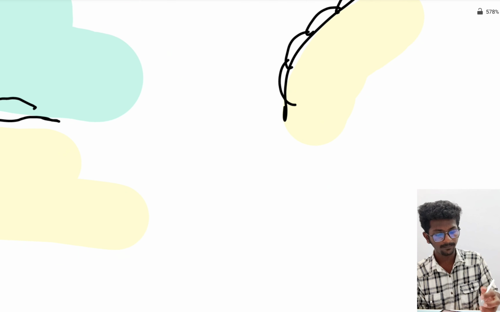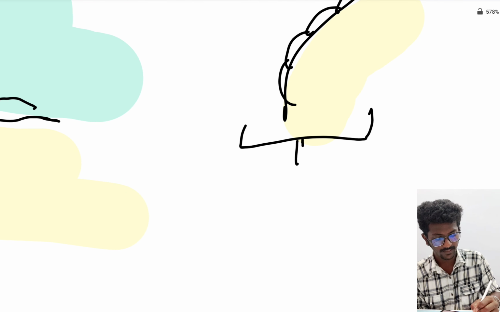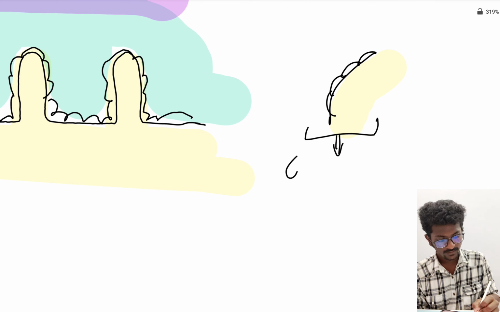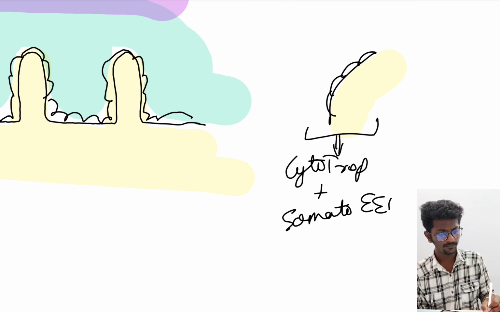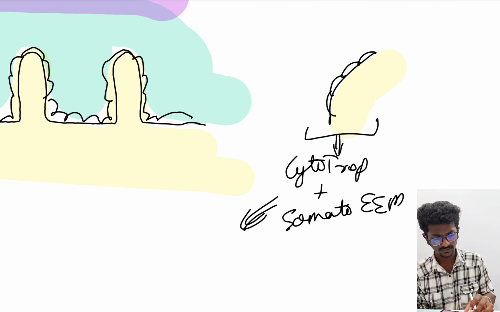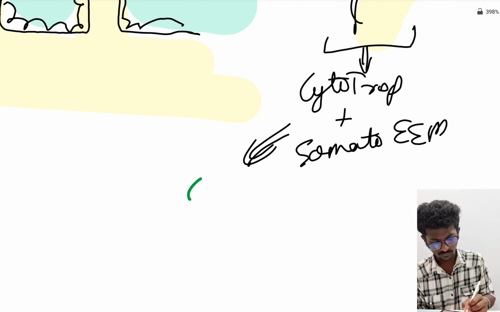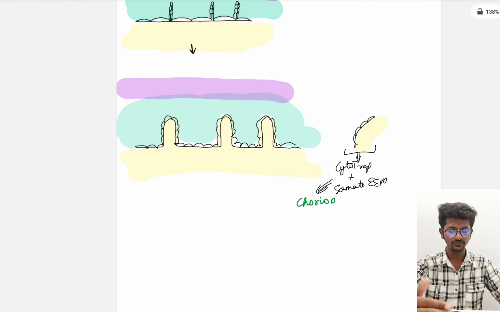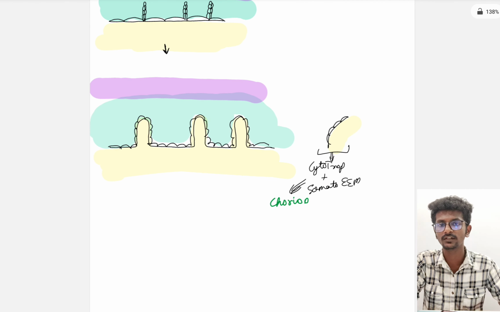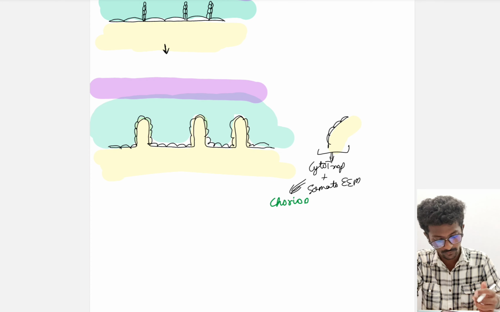If you have watched my previous lectures, I hope you can answer this question: cytotrophoblast plus somatopleuric extraembryonic mesoderm together form a structure called the chorion. I hope you remember this.